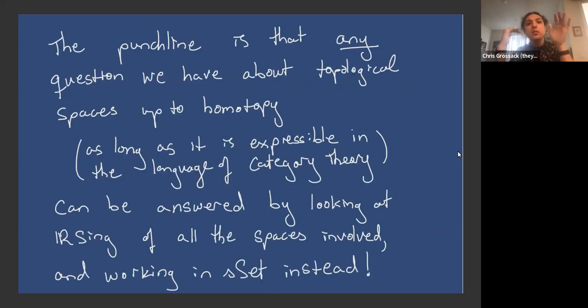So any question we have about topological spaces up to homotopy, as long as it's expressible in the language of category theory, which is one of the reasons people get so geeky about trying to say everything possible in the language of category theory, because it means that as soon as you have a question, if you know it can be expressed in that way, then you can transfer it along equivalences. And so any question we have within reason can be answered by just taking singular chains of all the spaces involved and then answering that question in simplicial sets.